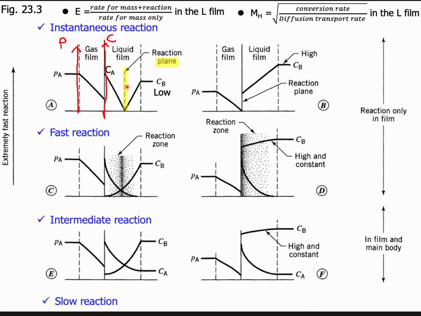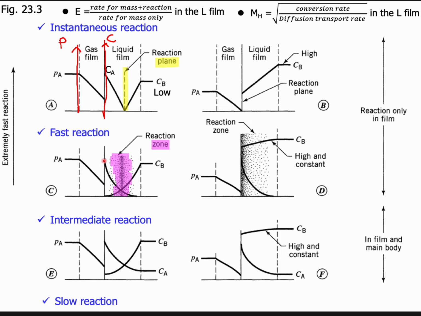But you can imagine if the reaction is a little bit slower, which we call a fast reaction. It's not as fast as the instantaneous reaction, it's a little bit slower. Then the reaction plane will become a reaction zone.